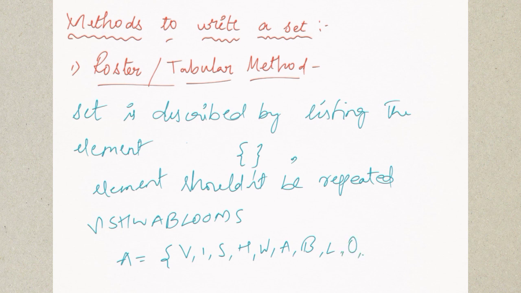No, it's completely wrong. Even though O is there 2 times in our channel name, you should write it only once when you are representing in the roster form in sets. So only once O you will write, and again you will write M. And S, again will you write? No, here S is already there in Vishwa, so you will not write. So this is the set for Vishwablooms.